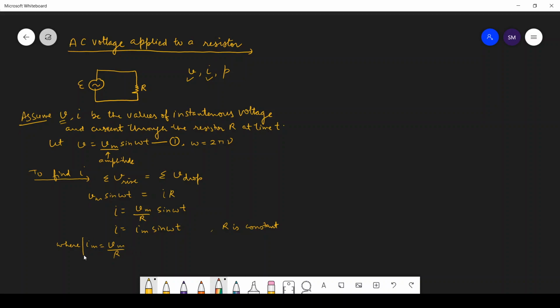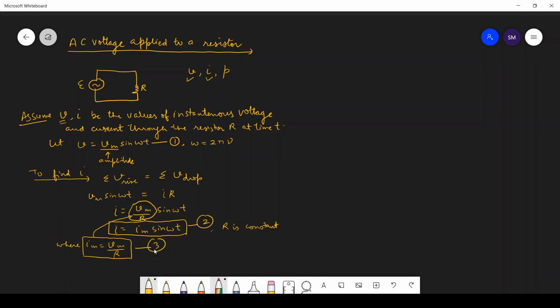So we have one formula over here, and we have one formula over here. This value of Im we have put over here, so we have replaced this with Im, and this we can say is equation number 2, and this is equation number 3.